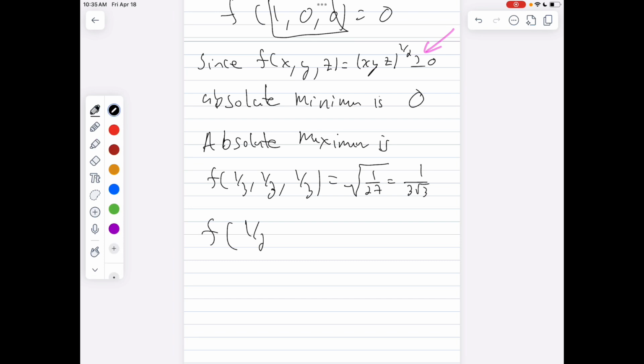Those add up to 1. But when you take the square root of the product, you get the square root of 1 over 36, which is 1/6. 1/6 is smaller than 1 over 3 root 3. My point being, any point that you pick will be smaller than that. So 1 over 3 root 3 would be your absolute maximum, okay, from Lagrange multipliers.